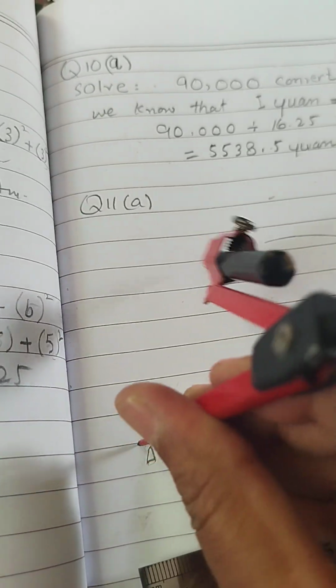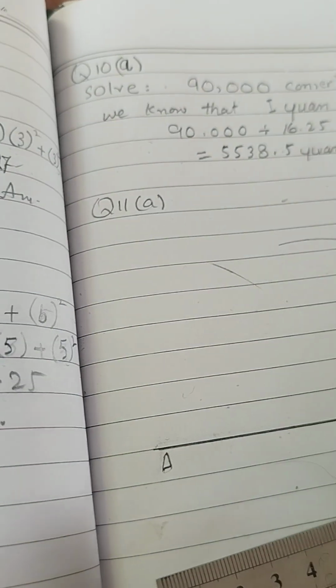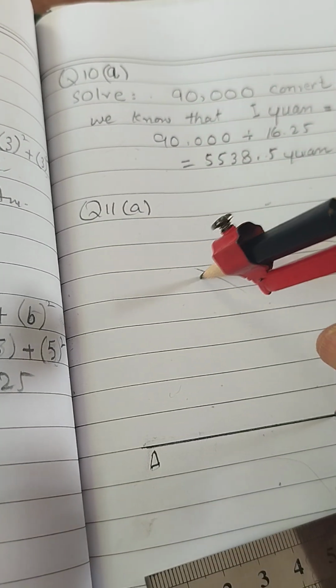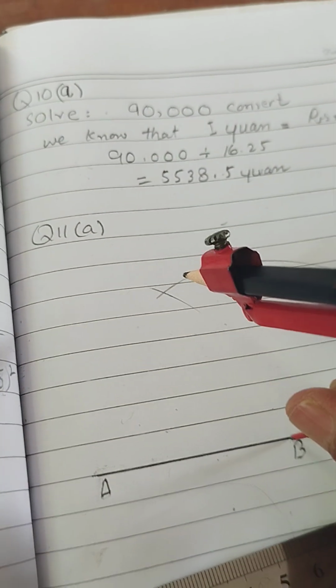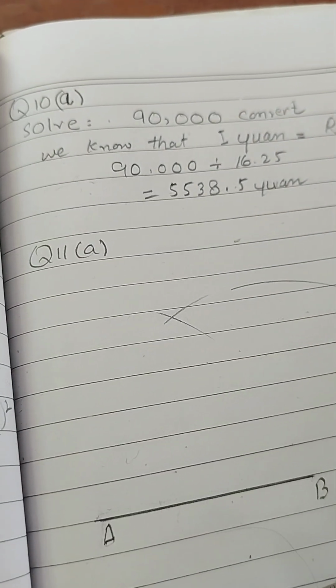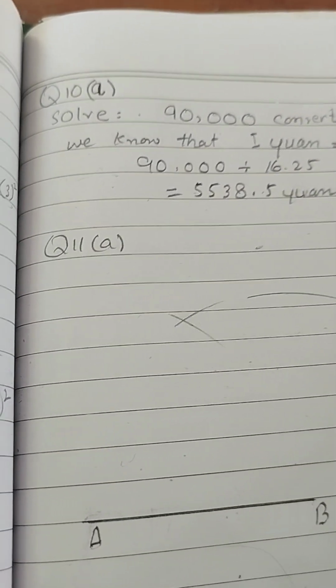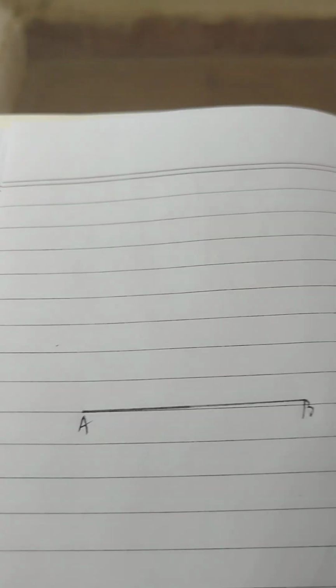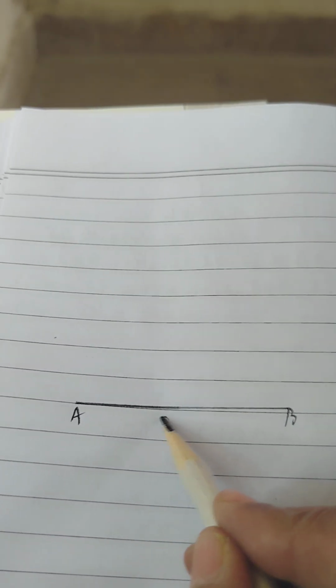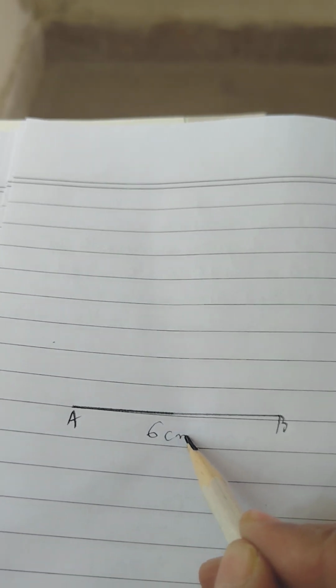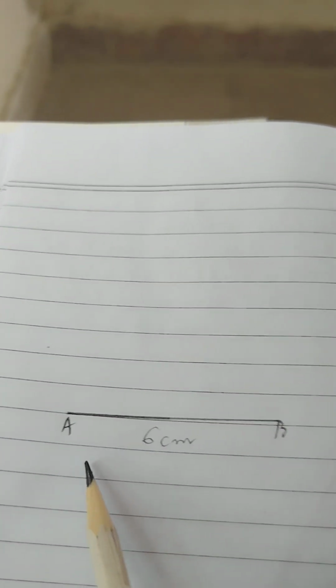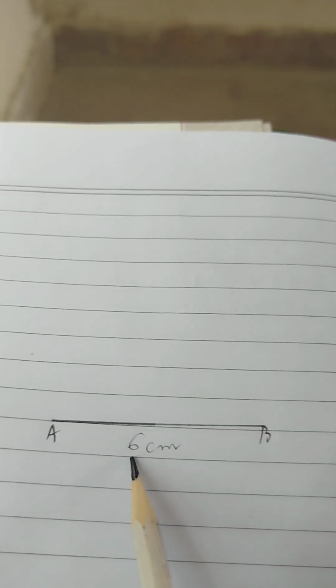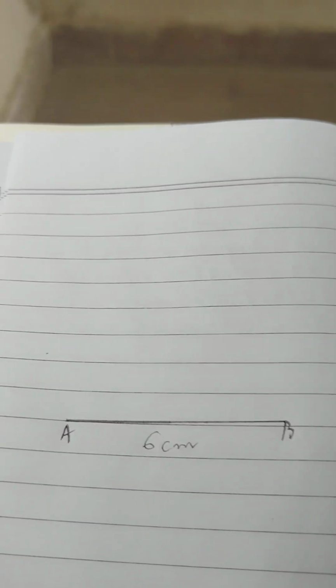And we cut this arc with the same measuring of compass. Now we draw these lines. Again we construct this figure of square. I draw a line segment AB with the measuring of 6 centimeters. You can write the steps of construction.